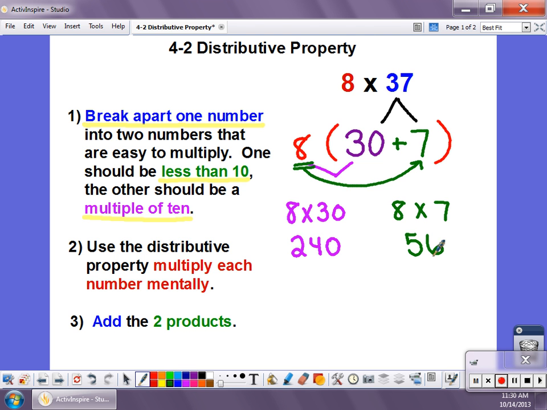Now the way the distributive property helps us is I have 30 plus 7, which means I want this answer plus this answer, which would give me an answer of 296. Okay, so 8 times 37 is 296. And I can do that easily in my head because I know 8 times 30 is 240, 8 times 7 is 56, and 240 plus 56 is 296.